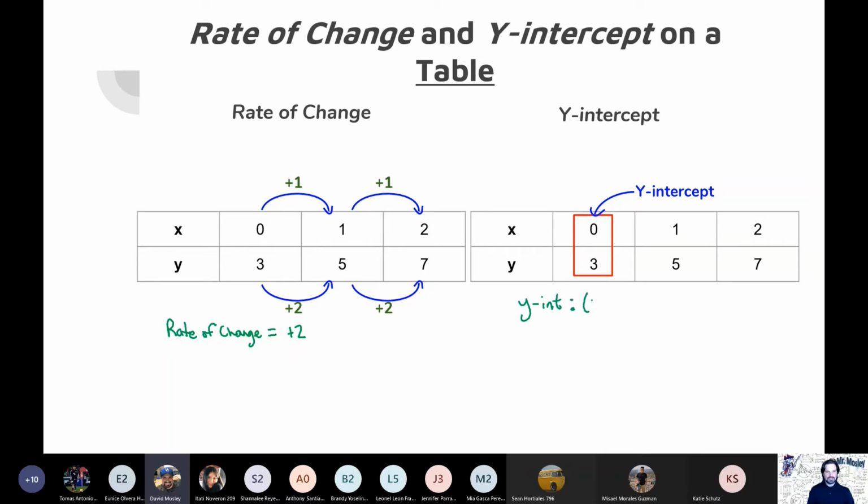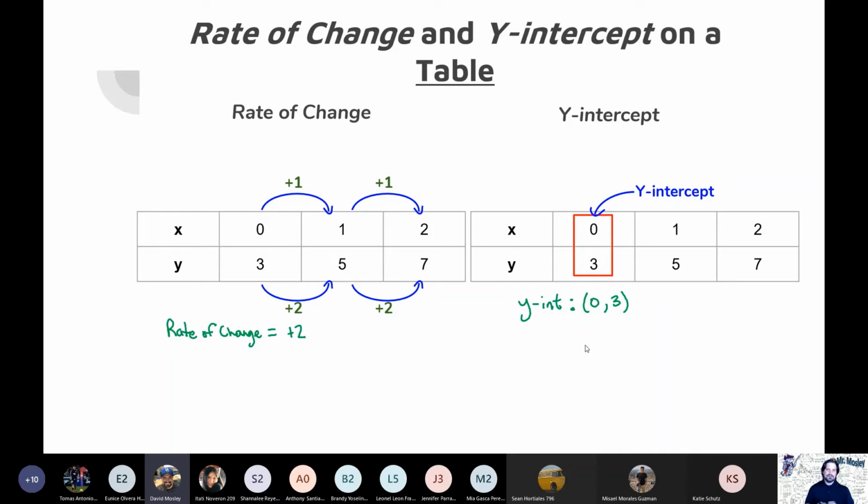Okay, ese coordenadas 0, 3. Donde x igual 0. Sí, Leon, por favor.